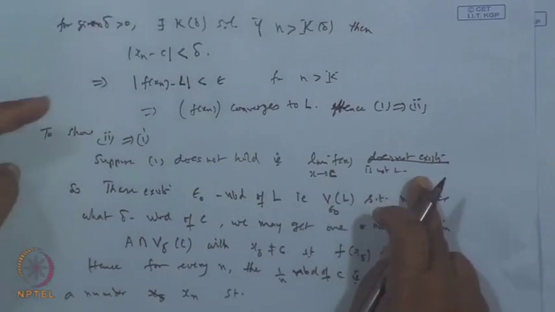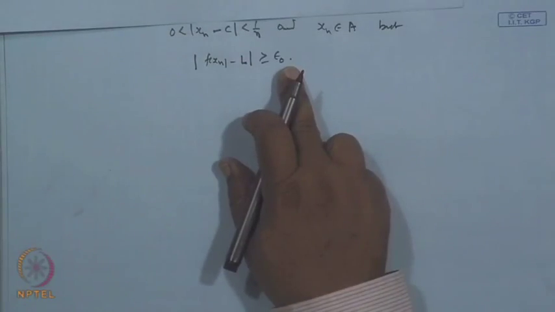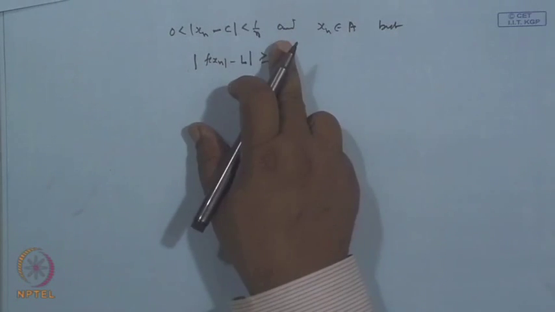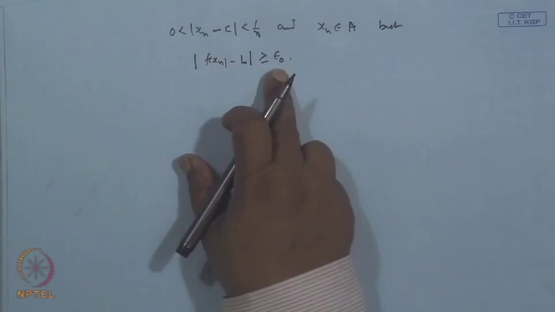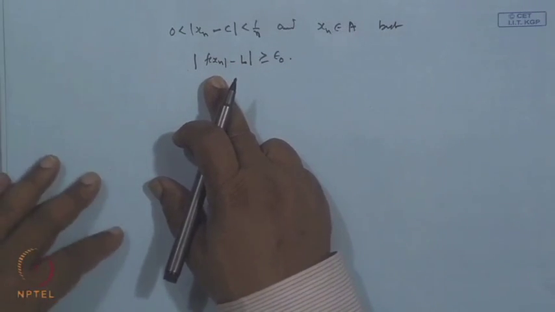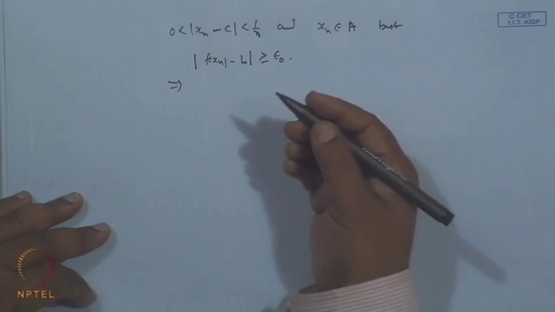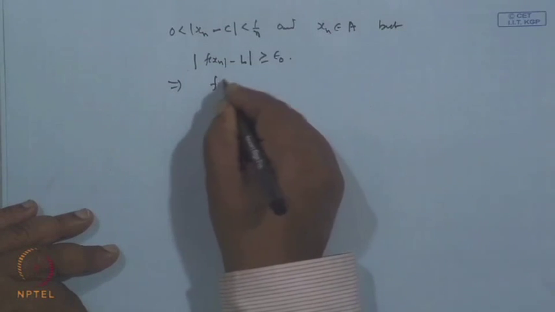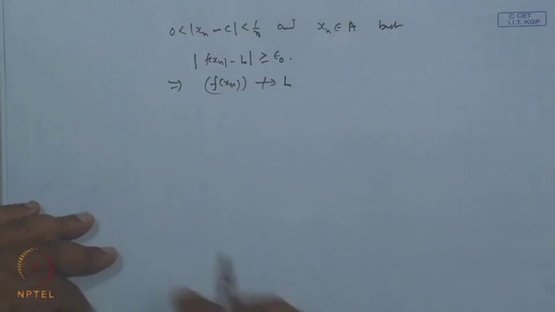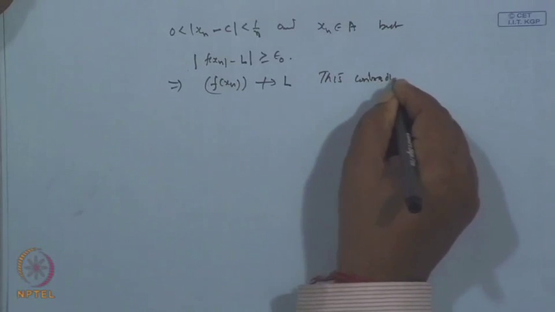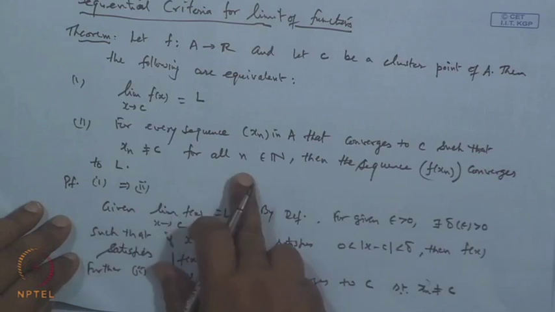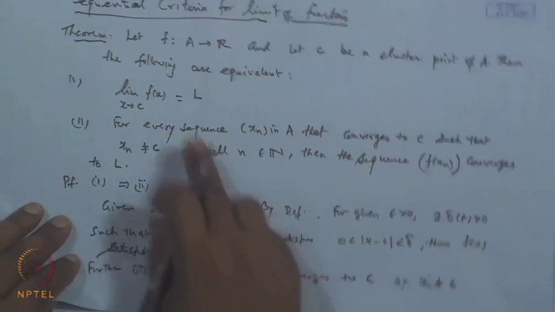So this not holding means there exists an epsilon naught neighborhood of L, such that whatever delta neighborhood of C we choose, there will exist one point x_n whose image will not fall within the epsilon neighborhood of L. That is why this implies that the sequence f(x_n) will not converge to L. But this is a contradiction, because it contradicts the second assumption, which says that for every sequence x_n that converges to C, the sequence f(x_n) converges to L. This we are assuming, and we wanted to prove 1.